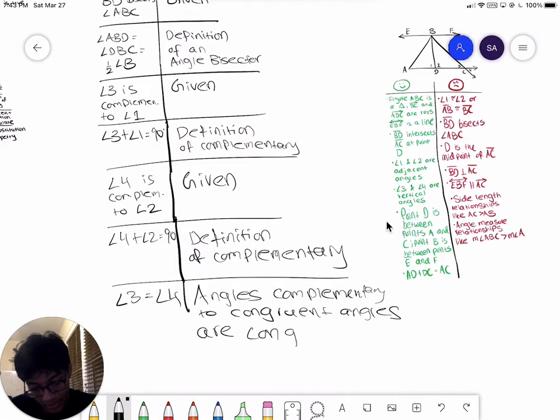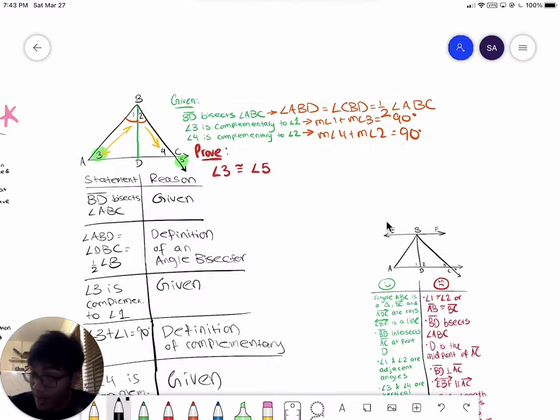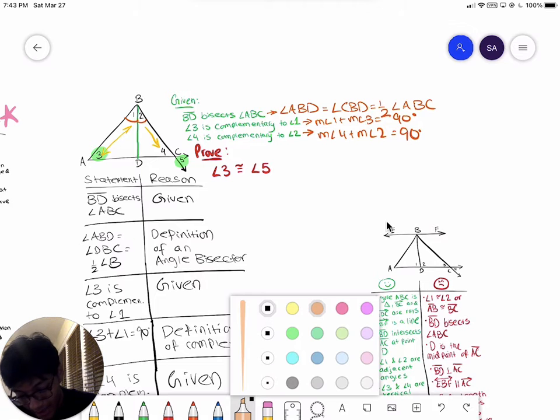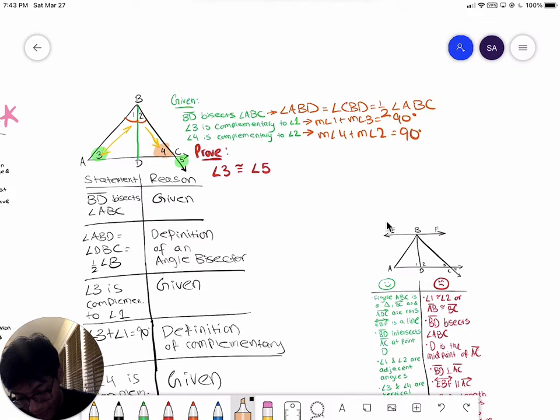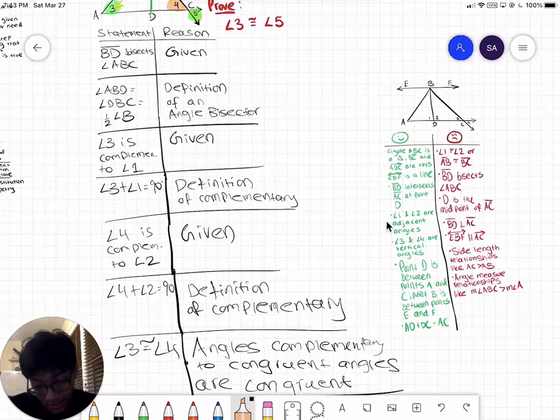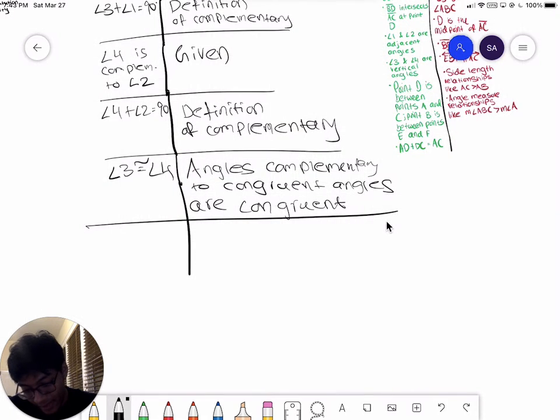Okay? And so now we can use this fact to our advantage. And now we're going to remember from the previous lesson, we talked about vertical angles. Well, that's going to come in handy. See how angle 4 and angle 5 are vertical angles? Let's go ahead and write that down. Angle 4 is congruent to angle 5 because that's the definition of a vertical angle.